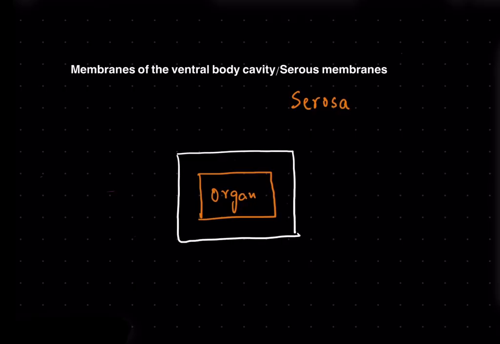All right. Now we have membranes within this cavity that protects the organ. So we have one membrane that lines the wall of this cavity. This membrane is called the parietal membrane.